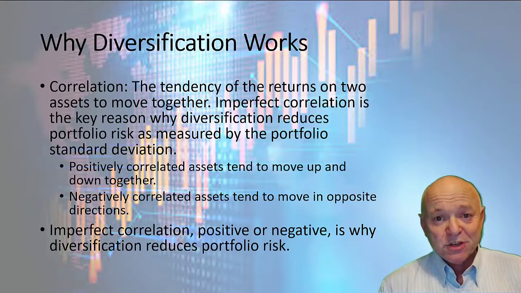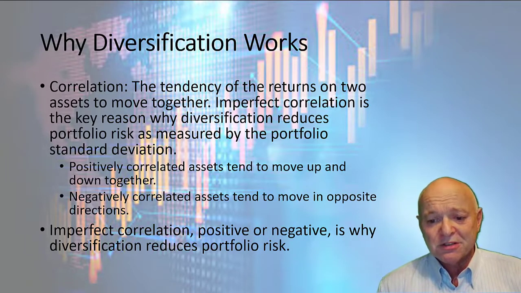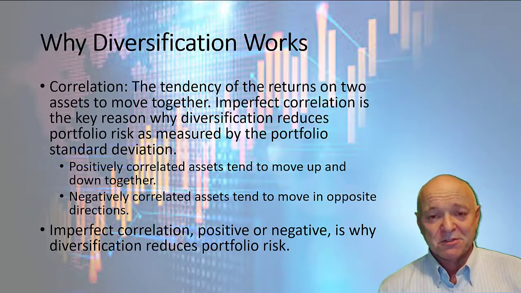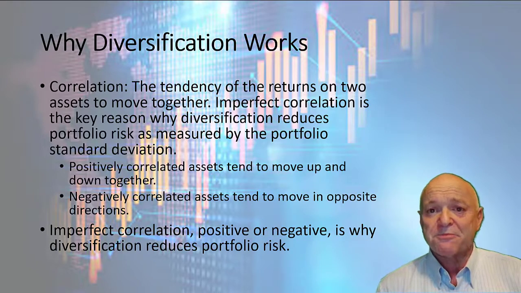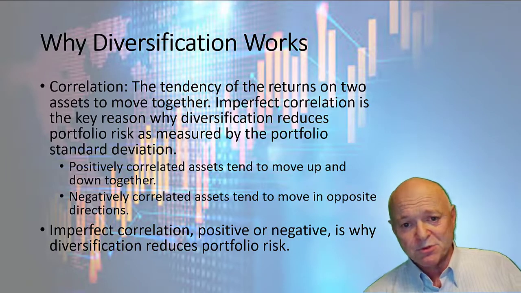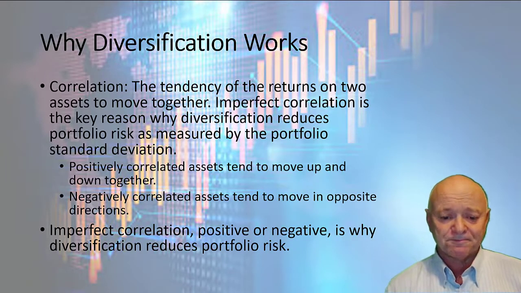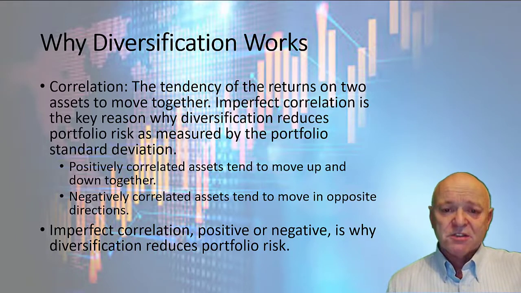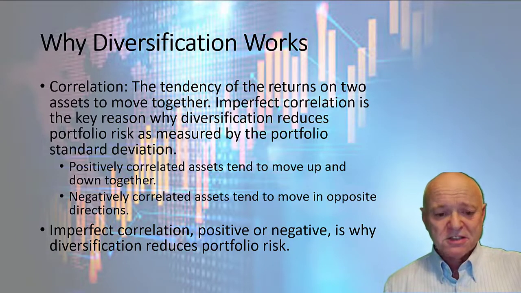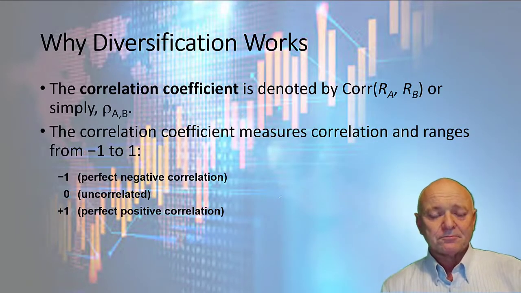We tend to expect that imperfect correlation is going to be pretty much standard, some value that is going to be somewhere in between +1 and -1. And as long as the value is not equal to 1, we see there's some kind of a benefit from diversification.